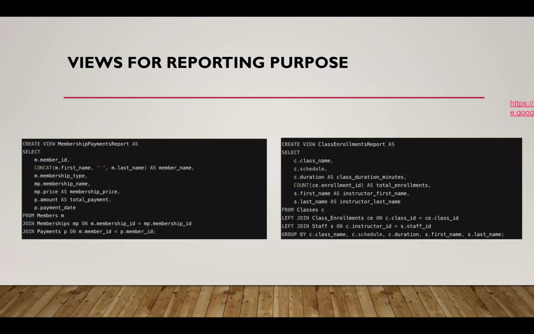And the view on the right combines data from classes, enrollments, and staff tables. The view is grouped by class details and instructor name, making it a useful tool for analyzing class participation, popularity, and instructor performance, helping to improve class scheduling and resource allocation.